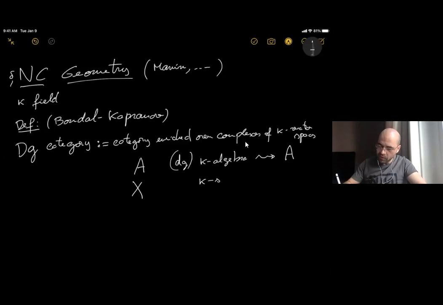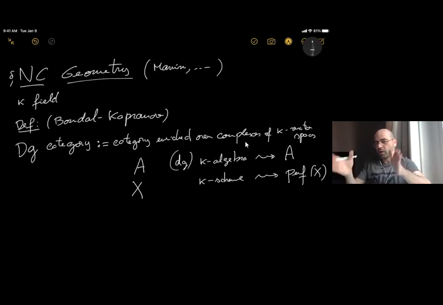If you have a scheme, then you can look at the perfect complexes on that scheme. These are complexes that locally are quasi-isomorphic to bounded complexes of vector bundles. And this carries a canonical differential graded enhancement, so it also gives rise to a DG category. So it's a world where you can do algebra and geometry simultaneously, okay?